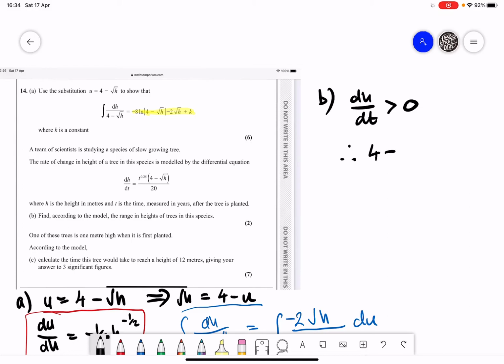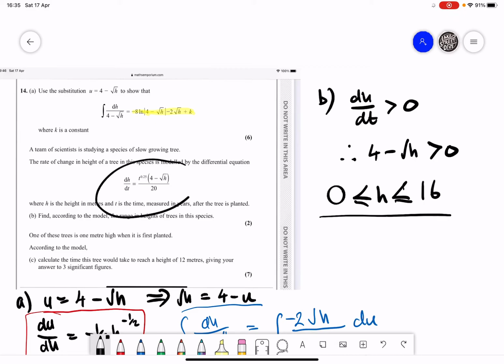Therefore, 4 minus the square root of h is going to be greater than 0, which gives me that h must be between 0, I can't have a negative number in the square root, and 16. So 2 marks for that. Arguably, less than or equal to. Okay, I think 0 and 16 are the limits. I'm happy with that. Right, on to part C.